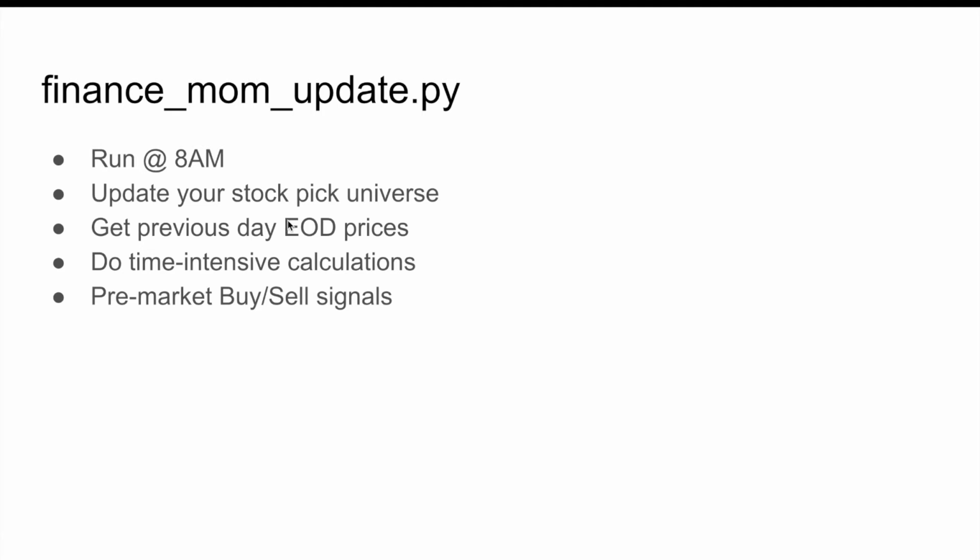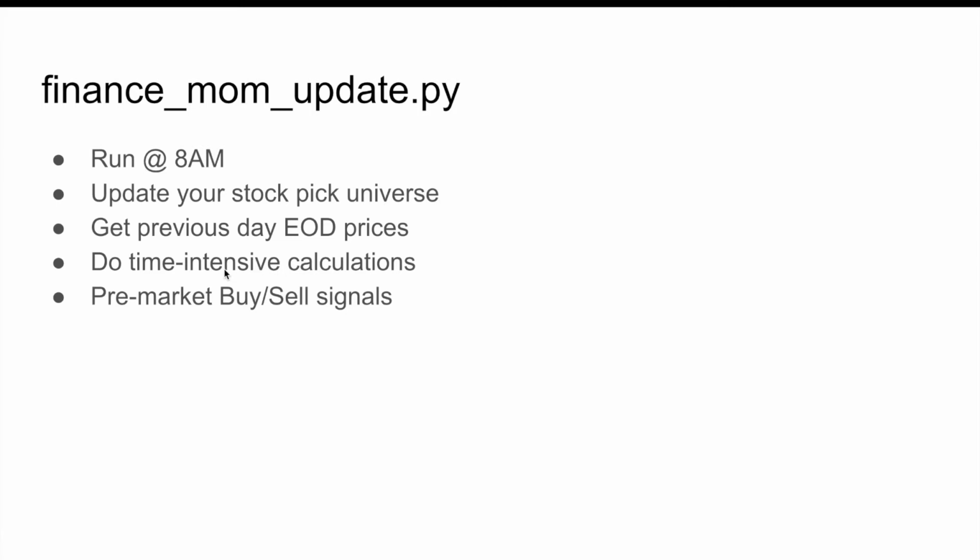So if you have, for example, 500 stocks, I recommend that you run the calculation-intensive work before the market opens. You can lower 500 down to maybe 30 or 50 stocks to actually be monitored during market hours, and you can actively trade those 30 or 50 with your algorithm, rather than trying to trade 500 at a time.